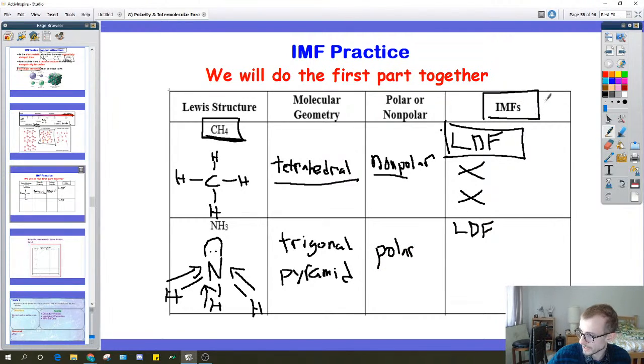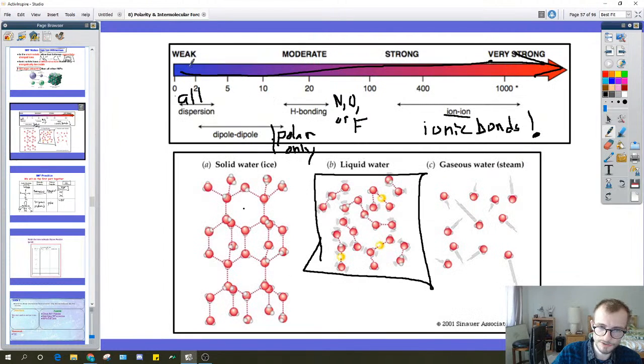All right, so I come to the IMF, the good part. I already have LDF written here, and I remember that every molecule has LDF, or dispersion forces, available to them, so you're always going to write LDF for the IMFs. That's important. Now, looking at this chart, I have dispersion forces checked off.